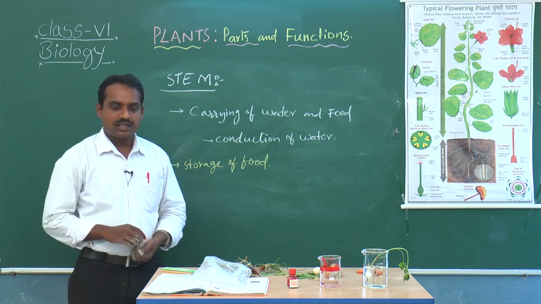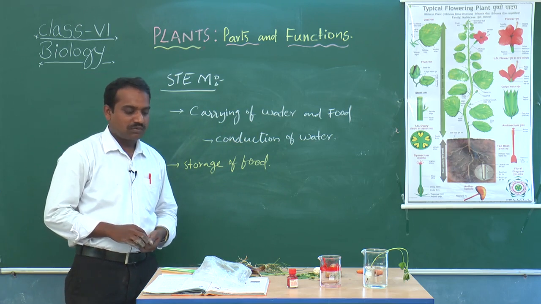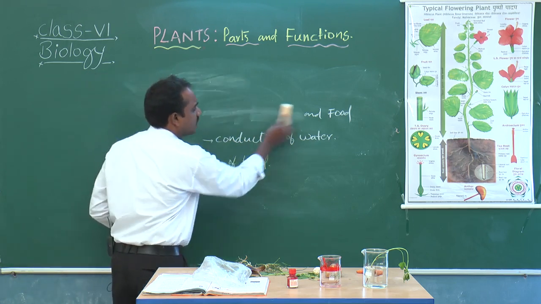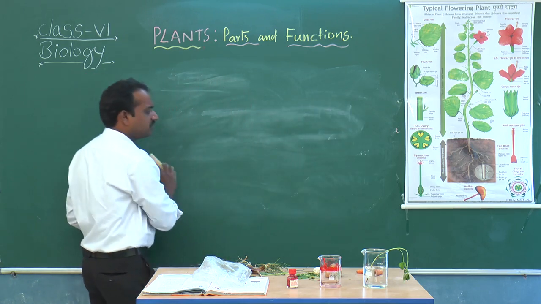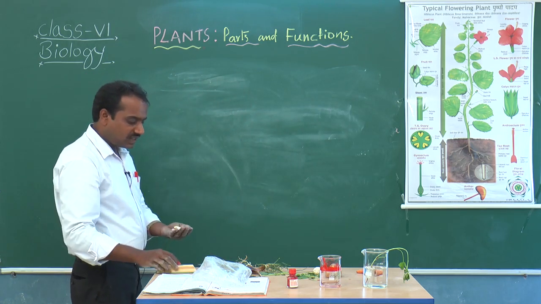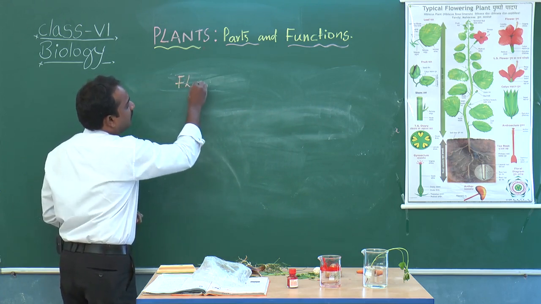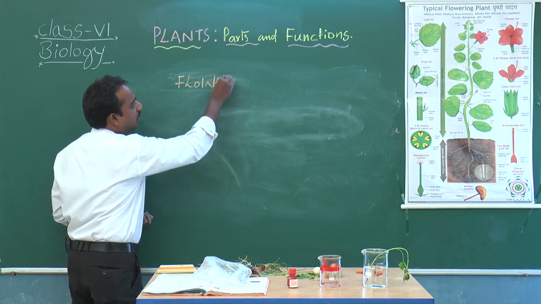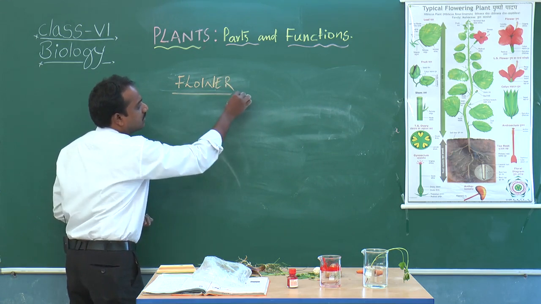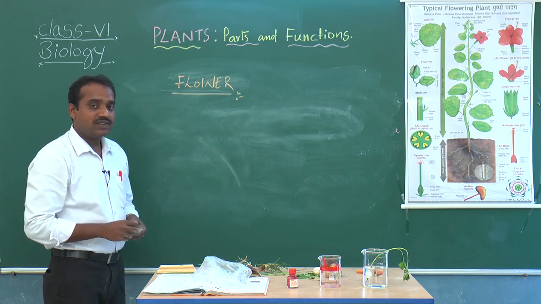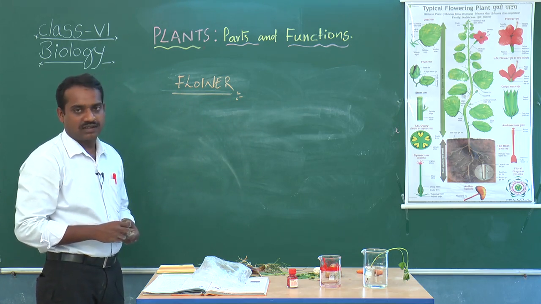Now, let us observe one more part of the plant. What is the most attractive part of the plant? It's nothing but the flower. The flower is useful even to identify the type of plant.